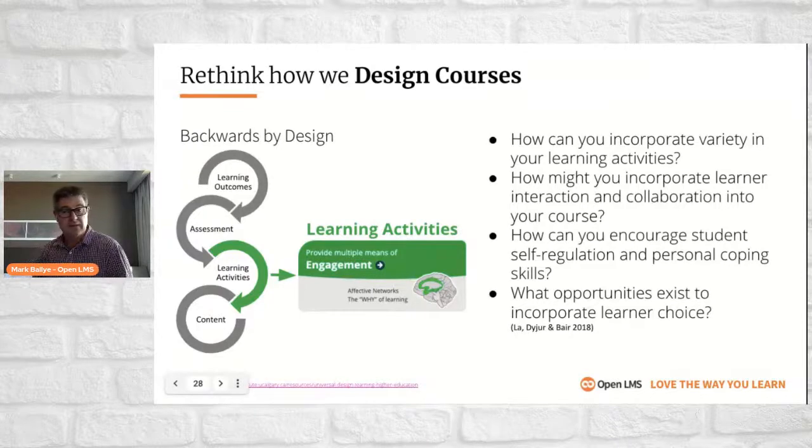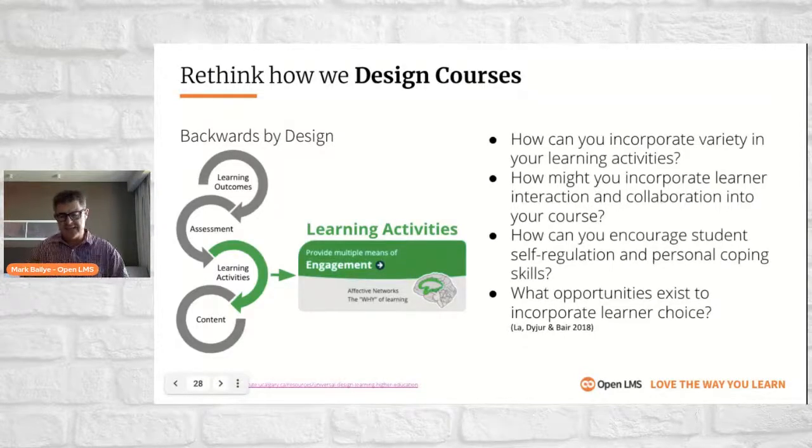Second, how might you incorporate learner interaction and collaboration into your course? How are you getting students and learners actively involved? How are you getting them to work with others? Thirdly, how can you encourage student self-regulation and personal coping skills? And finally, what opportunities exist to incorporate learner choice?